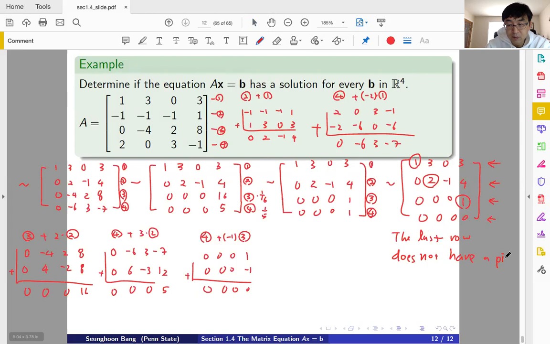So what does it mean? Ax equals b does not have a solution for some vector b in R4.